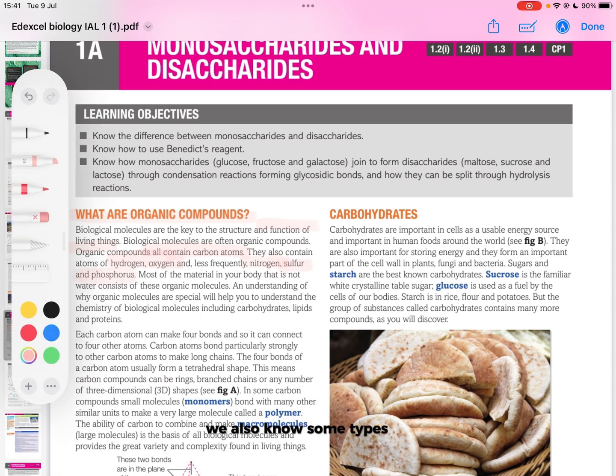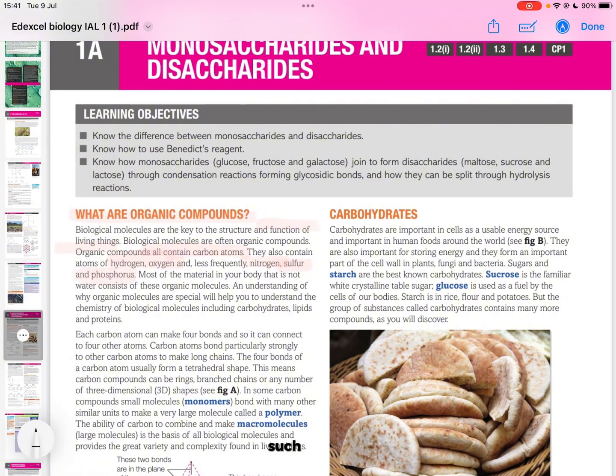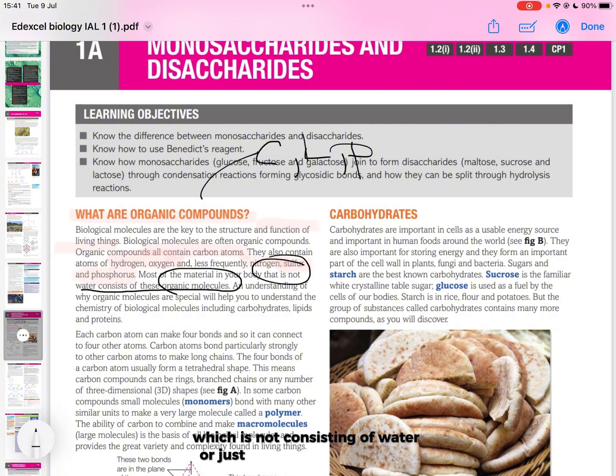We also know some types of organic compounds from basic O levels, such as carbohydrates, lipids, and proteins, right? Most of the material in our body that is not water consists of these organic molecules.